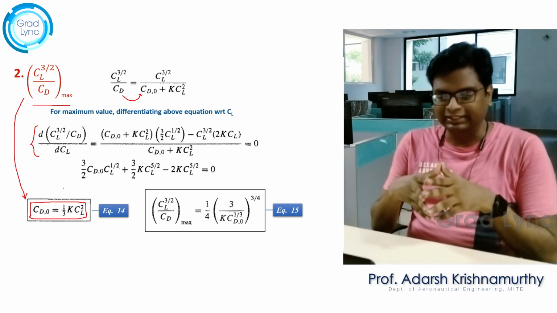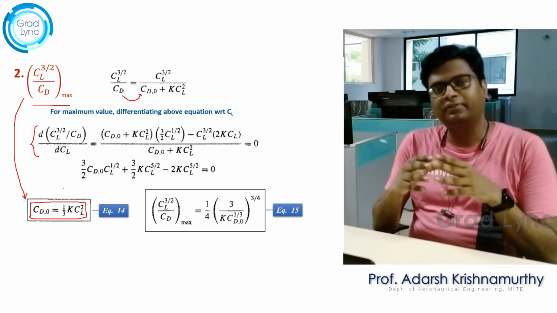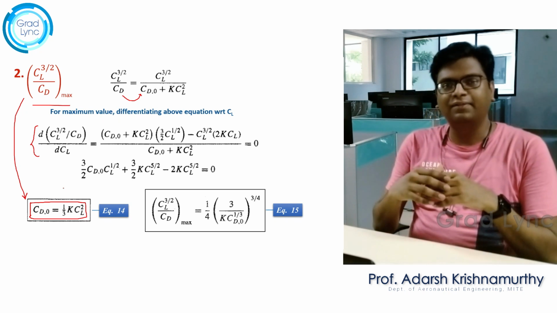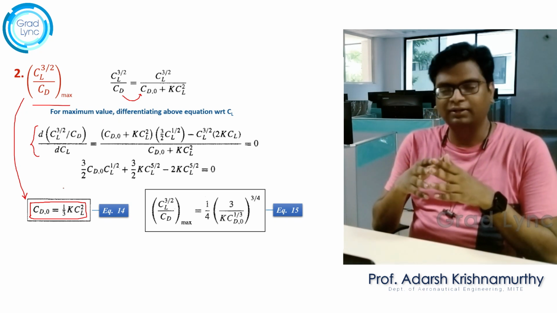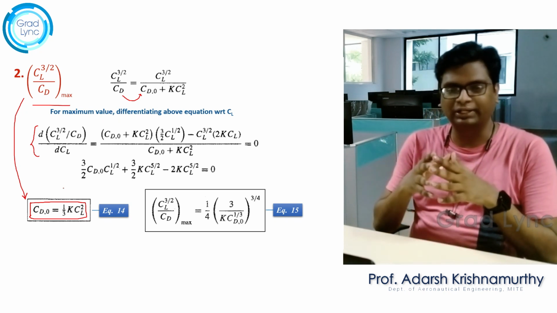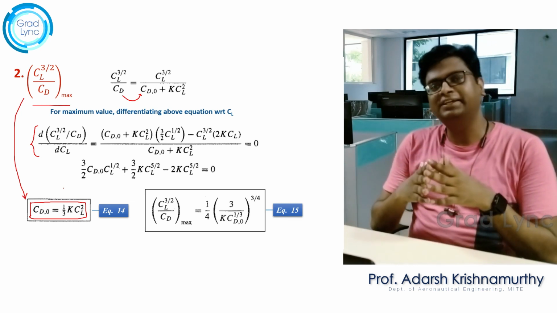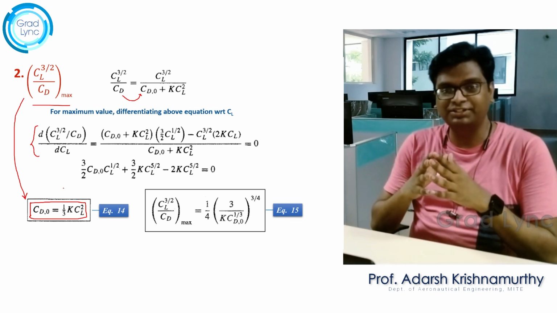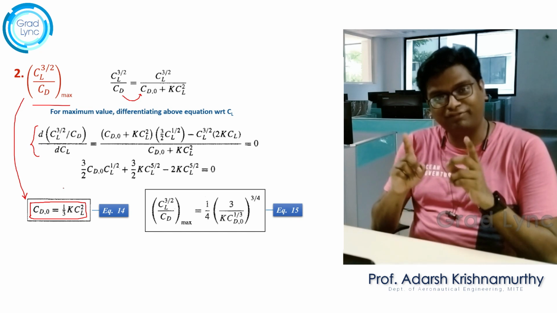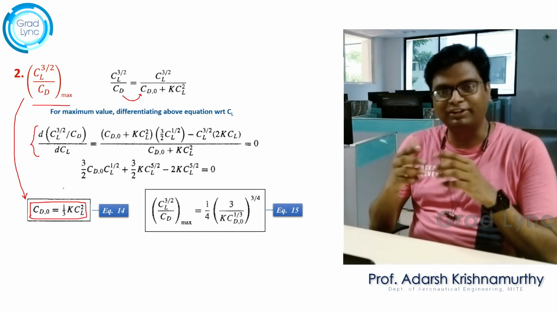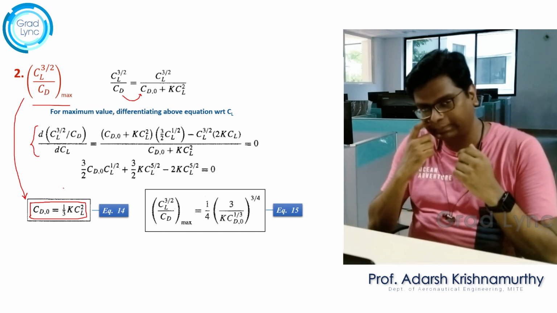Equation 14 tells that if I make the lift dependent drag coefficient, that is K CL square, 3 times that of the parasite drag coefficient, then the aircraft would be flying at CL power 3 by 2 by CD max.